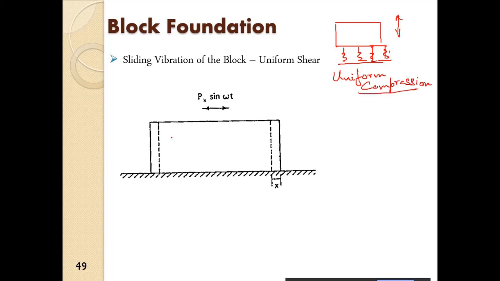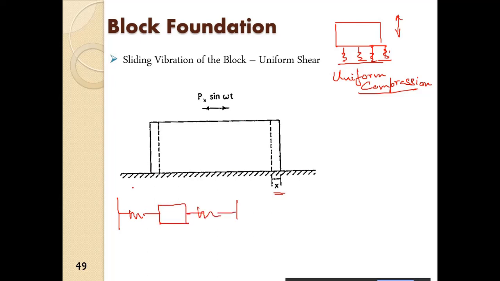Okay, so similarly we have the sliding vibration of a block. Ultimately we have a block, so we can again define the same equation. In this case we have x. As we have discussed earlier, we will consider the mass to be attached to some springs in this direction.